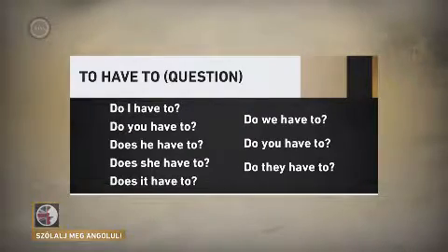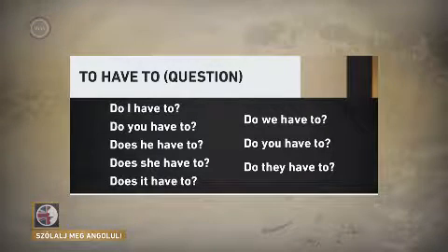With the negative form of have to, we conjugate the auxiliary verb and we leave have to alone. Okay, well, seeing as we're talking about using the auxiliary verb with have to, that leads us to the question form. Because, yes, as you all remember, we need the auxiliary verb do to make the question form using have to.